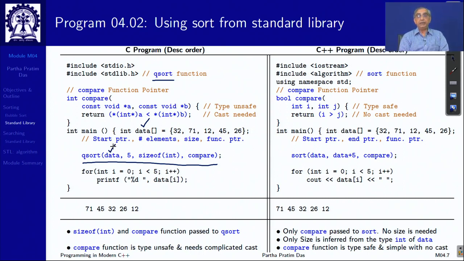The way we tell that is we give the address of the 0th location, which is data, the base pointer, from which quicksort would be able to traverse the array. The next thing it needs to know naturally is the size, how many elements there are. So, we say there are 5 elements.